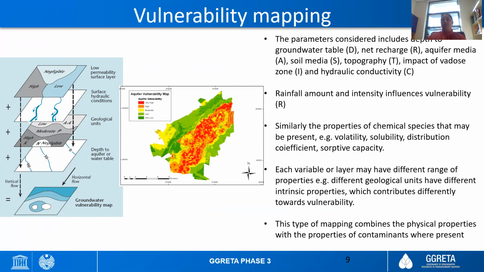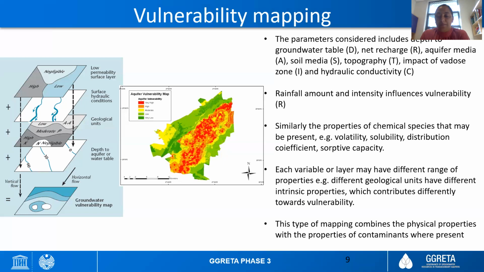Similarly, the properties of chemical species that may be present, for example, volatility, solubility, distribution coefficients, and sorptive capacity, would influence how and whether your chemical would be moving in your groundwater. Each variable has a different range of properties, as I've mentioned before. As an example, different geological units would have different intrinsic properties, and that contributes to different vulnerability ratings for that particular parameter.